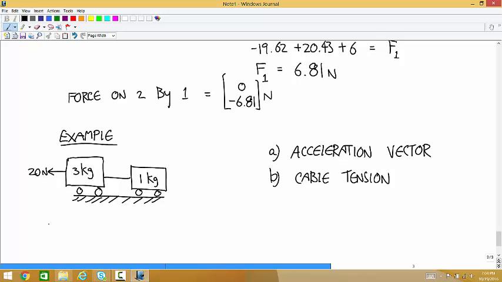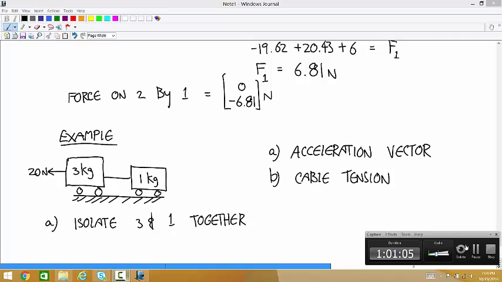So for part A, isolate the 3 and the 1 together. Take a couple minutes, work together on that, see if you can get through that one. And then I'll go through it.